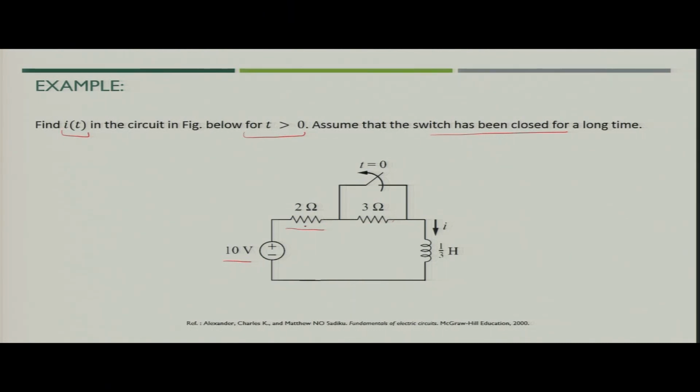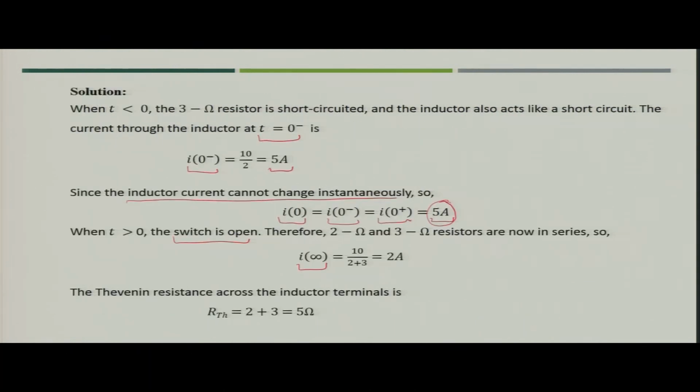If you apply this voltage for a very long duration with the switch open, the inductor will again be short circuited, and the current flowing through the inductor will be driven by the series combination of 2 ohm and 3 ohm resistances. So, in that case your I infinity would be nothing but 2 ampere.